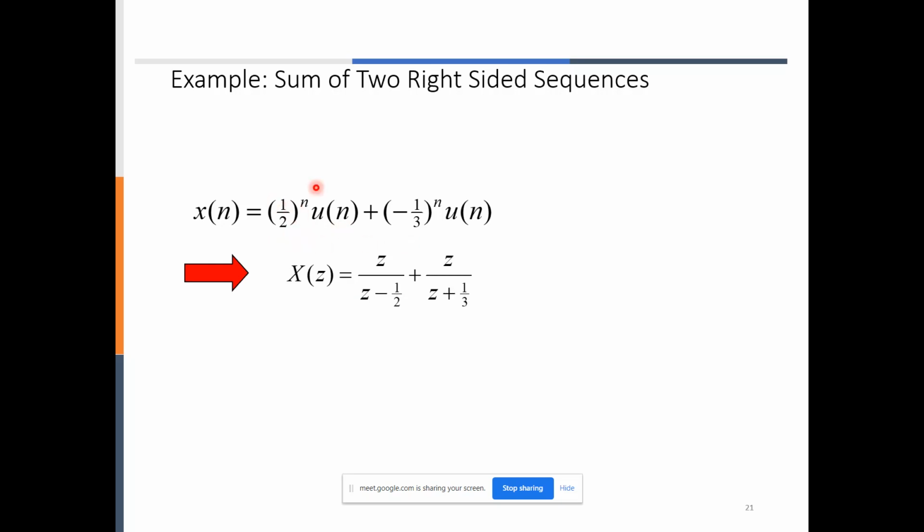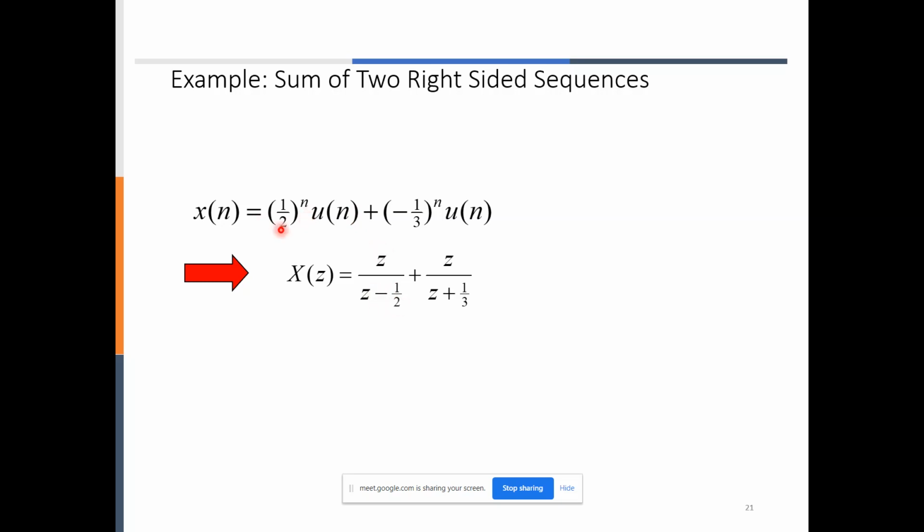So what is X(z) from x[n]? How do we get X(z) for a^n u[n]? What is X(z)? Can anyone tell me? It is z by z minus a.